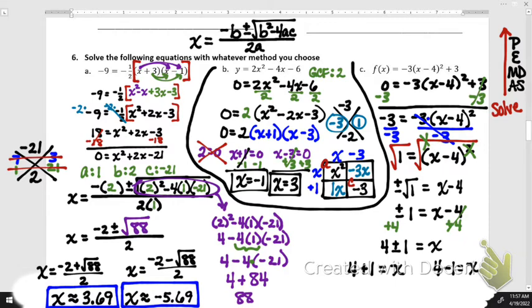Close. Positive 3. What? You dropped the exponent on x minus 4 because you had a square, but you kept the plus and minus. But isn't it 1 minus 4? Whenever you take a square root as part of solving, you're trying to figure out what number times itself would give me this.